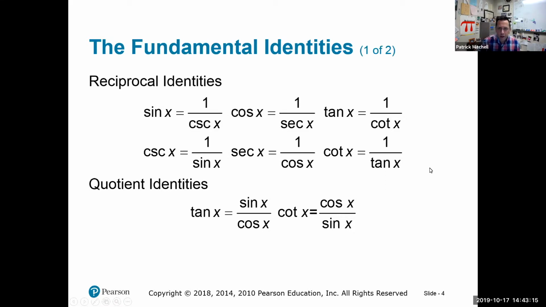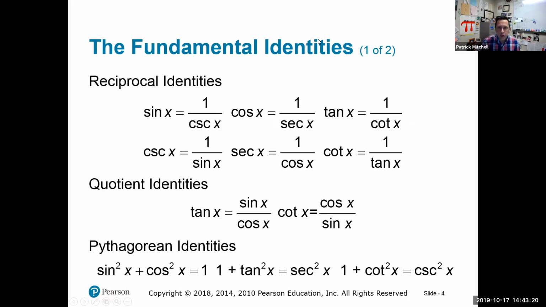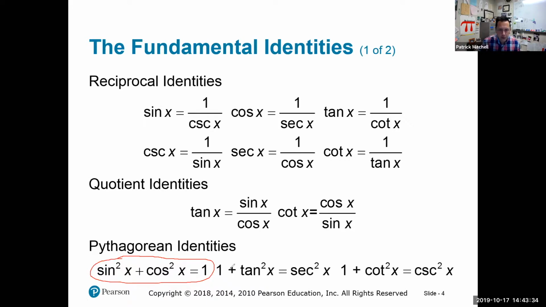Next, we have our Pythagorean identities. Hopefully you remember that this one right here is super important. This one you should know in your sleep. These other two are the ones that I don't trust myself to remember.